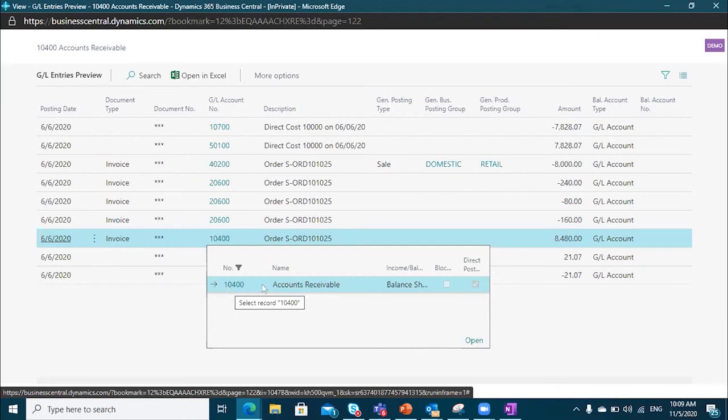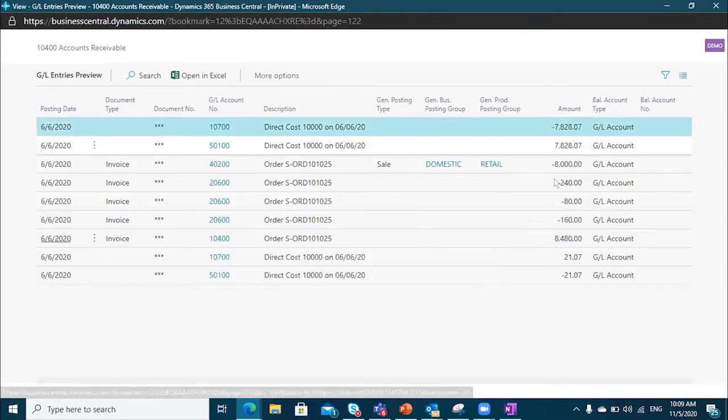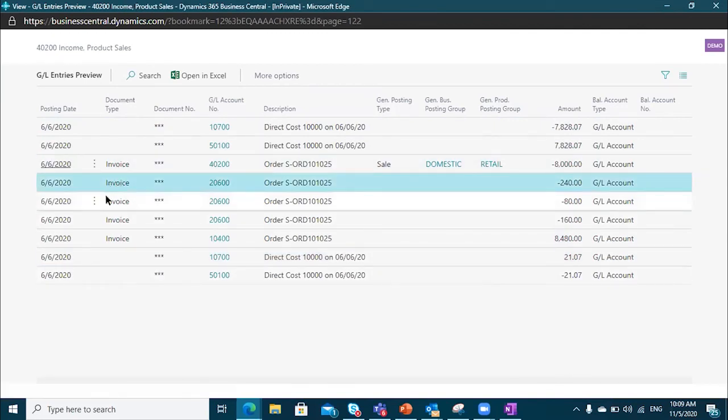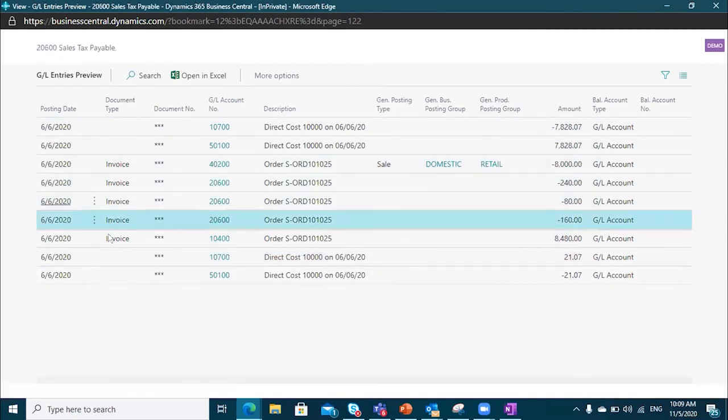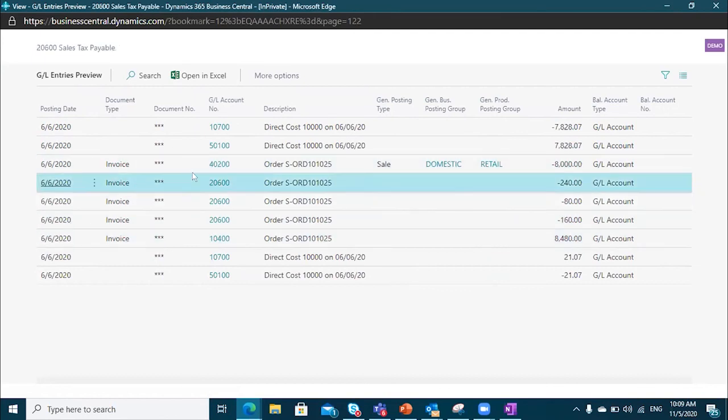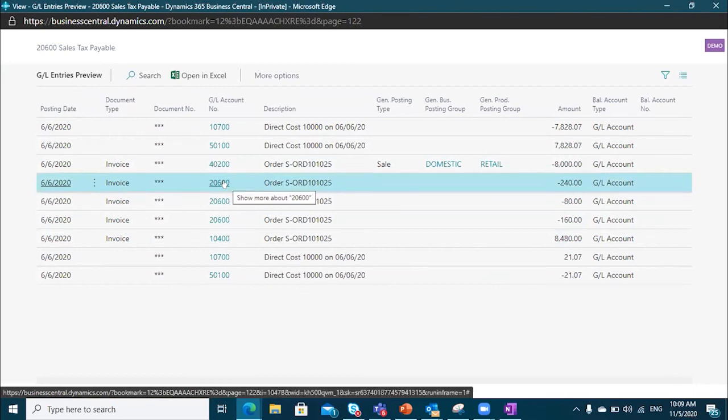Then once we have all of this, we can see the specific amounts and the type of document. We are generating all these transactions from an invoice, and here the specific date. This is how from Business Central we are going to post into your chart of accounts all the specific transactions and the details and value for all your operations automatically for you.